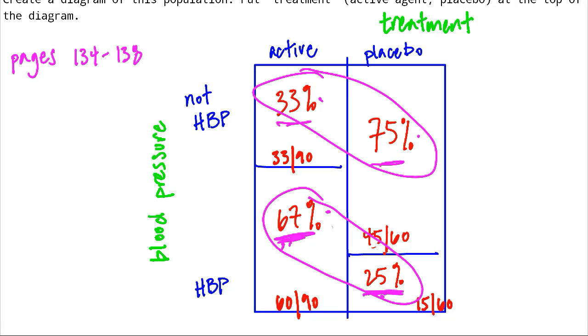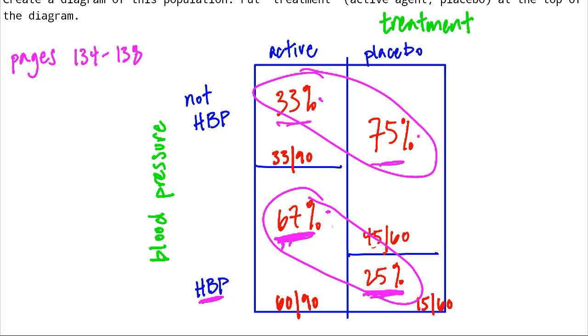That doesn't tell us with absolute certainty, but it suggests that perhaps there's something about the active agent that is causing the high blood pressure. We don't know that for certain, but we do know that in this population, having high blood pressure goes with having taken the active agent because the 67% is bigger than the 25%.